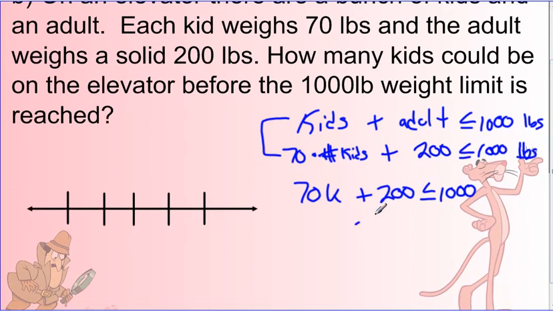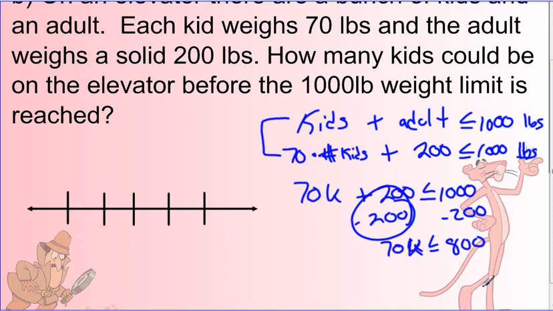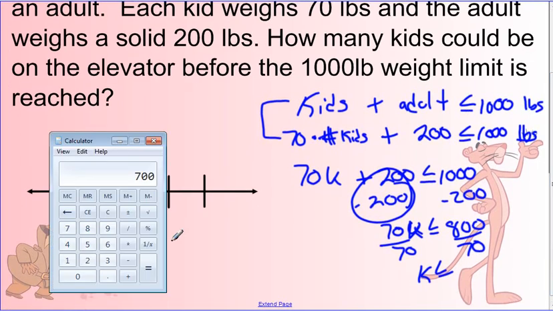So we minus 200, minus 200, we get 70K is less than or equal to 800. Divide by 70, divide by 70. K is less than or equal to, I don't know, let's see. 800 divided by 70 equals, it says 11.42.